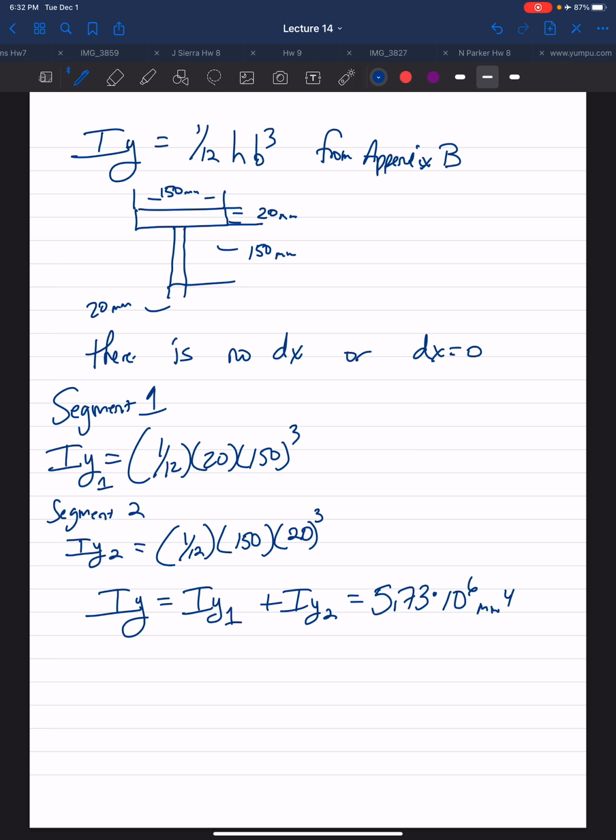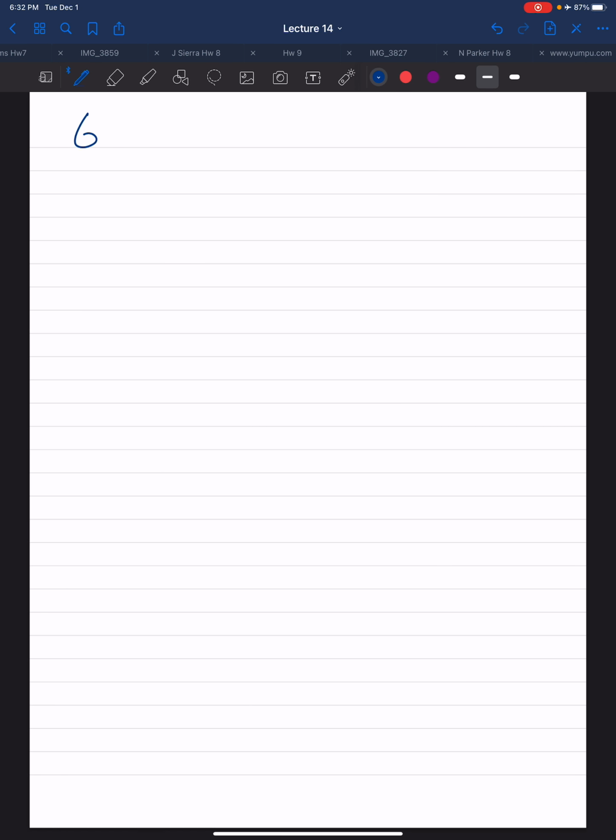Take a look at a few more. Take a look at problem 6-89. Here, they want to know the moment of inertia of the area about the y-axis.